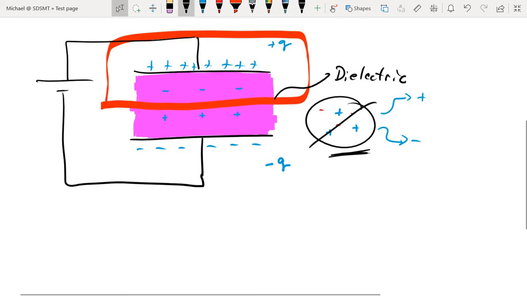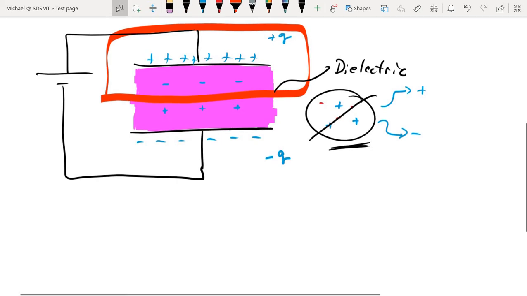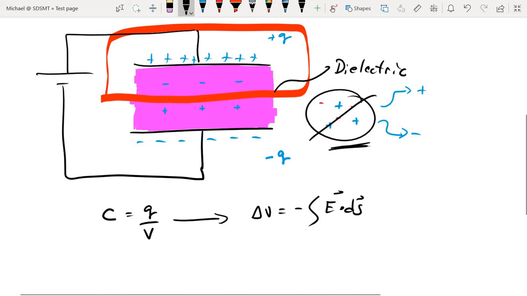So we've already seen this derivation once before with the parallel plate capacitors, and we said that in order to define the capacitor, we needed to know the charge to potential ratio. But in order to do that, we had to know the difference in potential across the two plates of the capacitors.